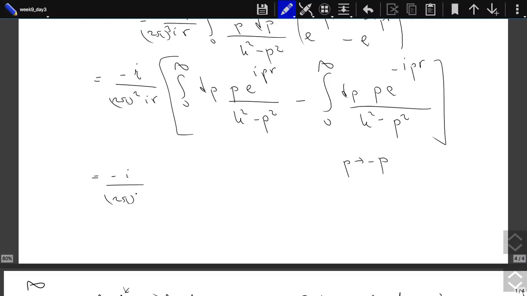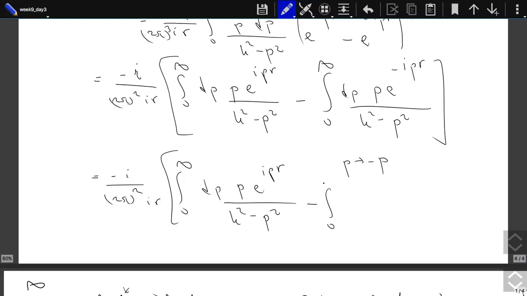So we have 2 pi squared i r times the integral from 0 to infinity dp p e to the power i p r divided by k squared minus p squared. Okay, from dp I get a minus sign. From p there is an additional minus sign, so there is no sign change. But now the limits are from 0 to minus infinity dp p e to the power i p r divided by k squared minus p squared.